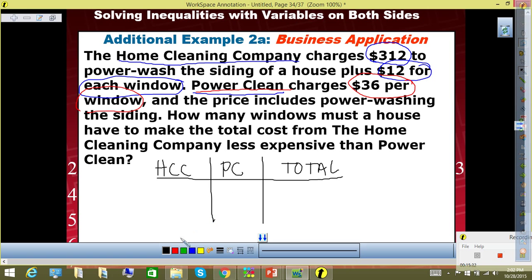Yeah. All right, so for the Home Cleaning Company, how much per window? Do we know how many windows? So we write 12 what? X. And how much else do they charge? Plus 312. Okay, so that's for them.